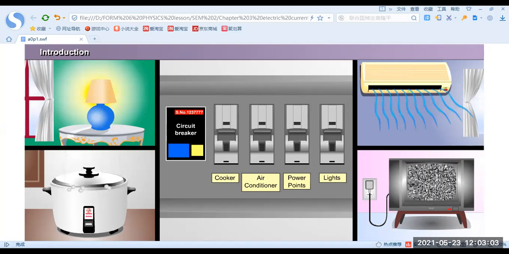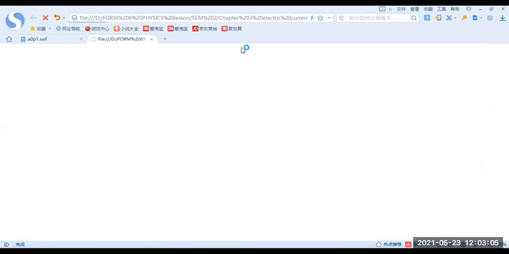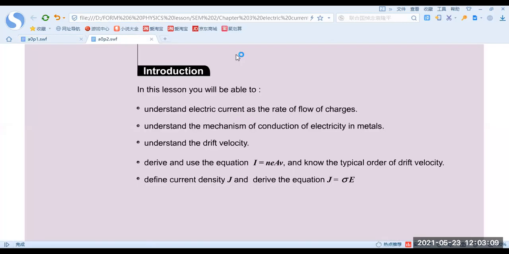Next slide. In this lesson, you will be able to understand electric current as the rate of flow of charge. Understand the mechanism of conduction of electricity in matter. Objective number 3, understand the drift velocity.